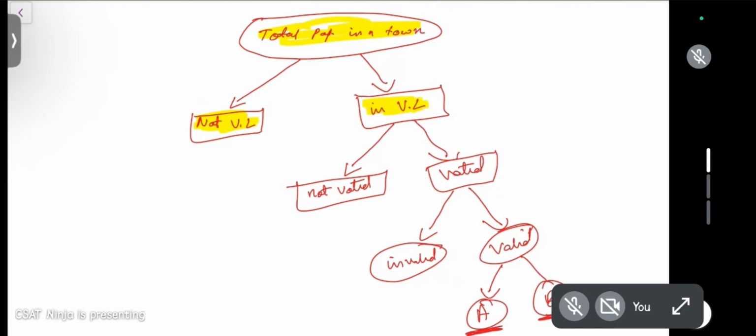But we will take this branch, the ones who are in the voters list, and there will be some people who haven't voted, and some people who voted, and there will be some votes which are invalid, and some votes which are valid. And from the valid votes, the winner will get a vote share, and likewise we can find the percentage.